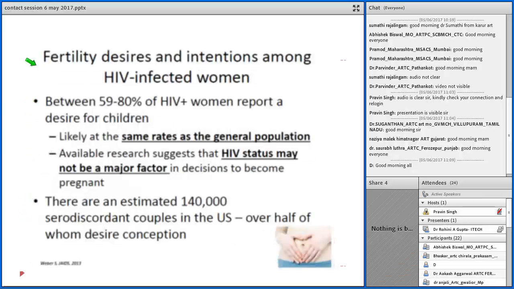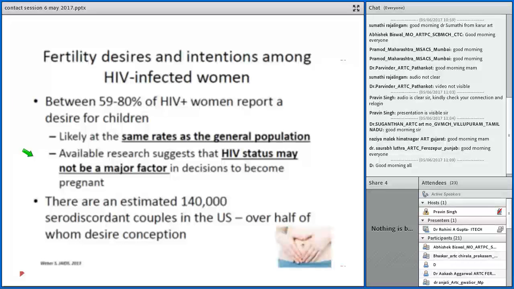Fertility desires. A lot of our patients have fertility desire and intention and do want to have children, but are very scared and do not communicate these questions to the healthcare workers. Between 50 to 80% of HIV positive women have a desire for children, which is likely the same as in the general population.